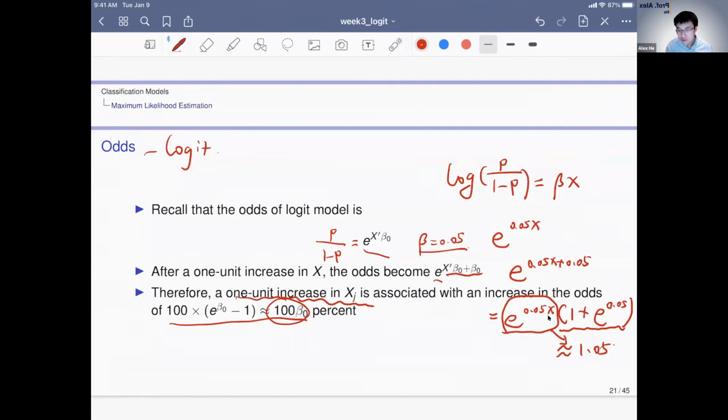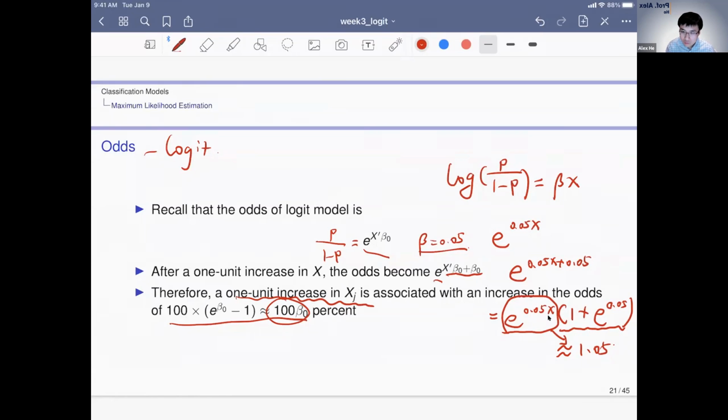R squared basically measures how big the residual is. When the residuals are small, it means the predicted value is pretty close to the true value, and then we have a good prediction. But when R squared is very low, it means the residuals are big. You can't apply exactly the same logic here, because the residual doesn't have much meaning.